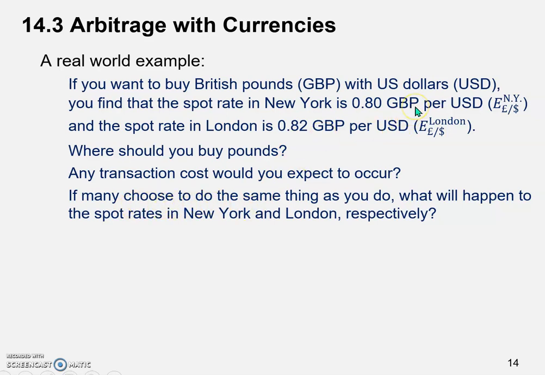Now in New York, you would find that because people are sending their dollars overseas to get British pounds, the supply of US dollars would decrease, and the demand for British pounds would decrease as well.